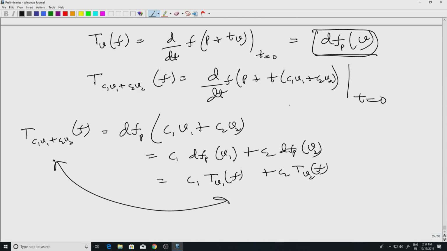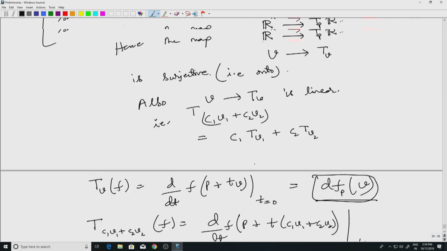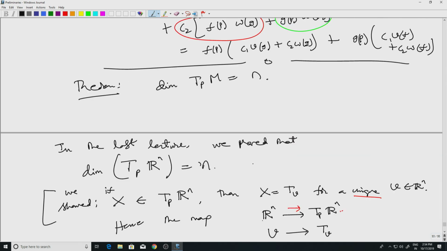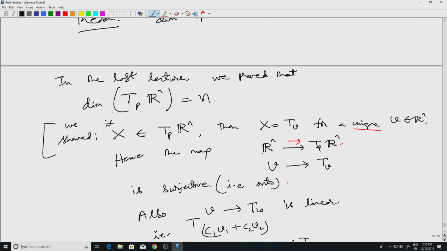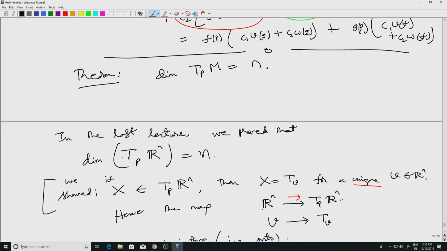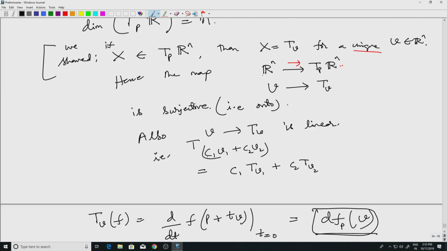Now, to summarize, we want to prove that the dimension of the space of derivations on C infinity functions on a manifold is n, and what we have proved in the last lecture is that the space of derivations on C infinity Rn has dimension n.